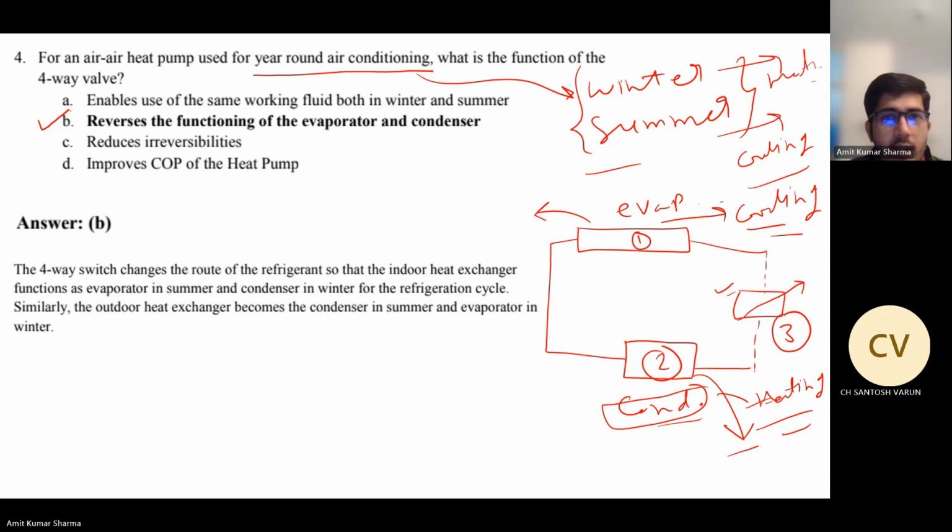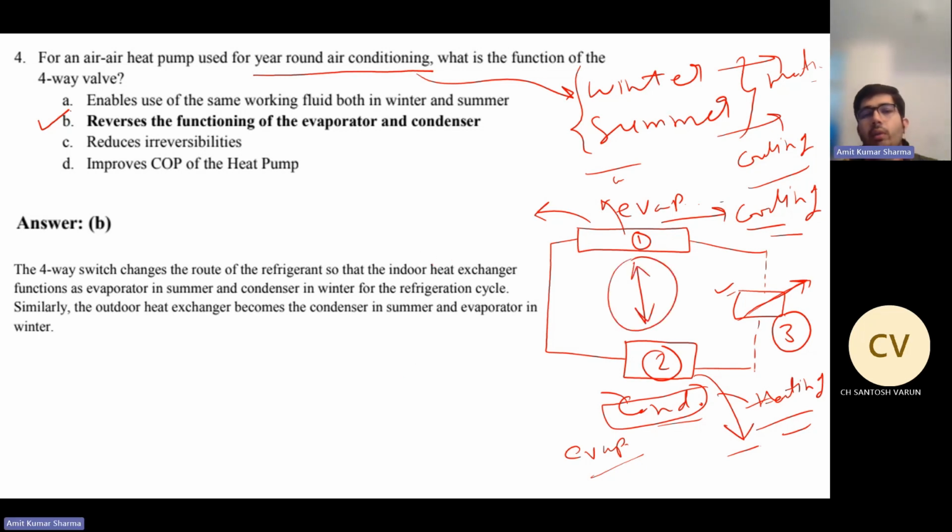On the opposite side, in summer, we need cooling. Then this four-way valve will change the operation. So now this condenser will work as evaporator, and this will work as a condenser. So they will be interchanged in the working principle.